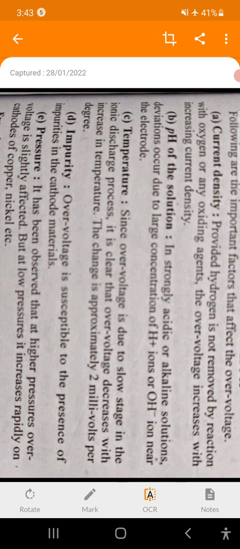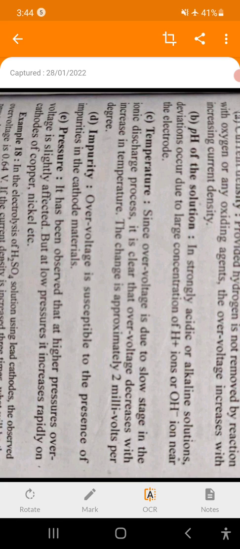Hydrogen overvoltage is not removed by reaction with oxygen or any other oxidizing agents. The overvoltage increases with increasing current density. Overvoltage is directly proportional to current density. As current density increases, overvoltage increases.